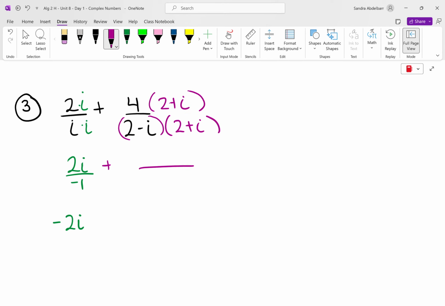Michael? Multiply by its conjugate, 2 plus i. So in the second fraction, we're going to get a squared, which is 4, plus b squared, which is 1. And in my numerator, I'm going to distribute that 4. So this is 8 plus 4i.